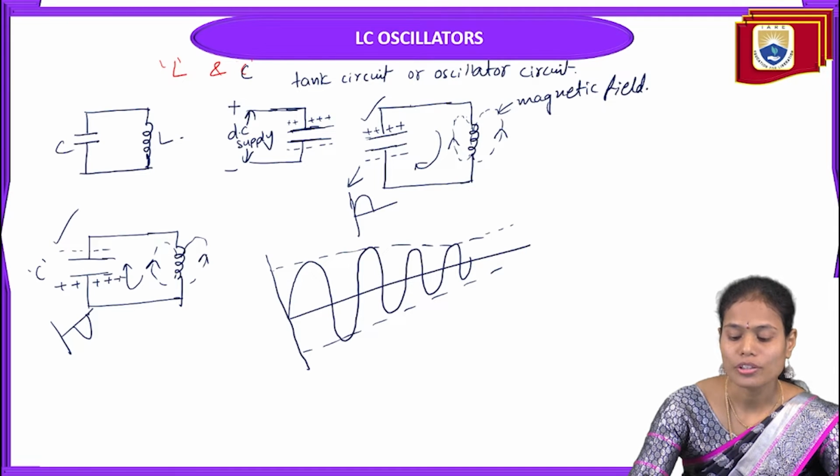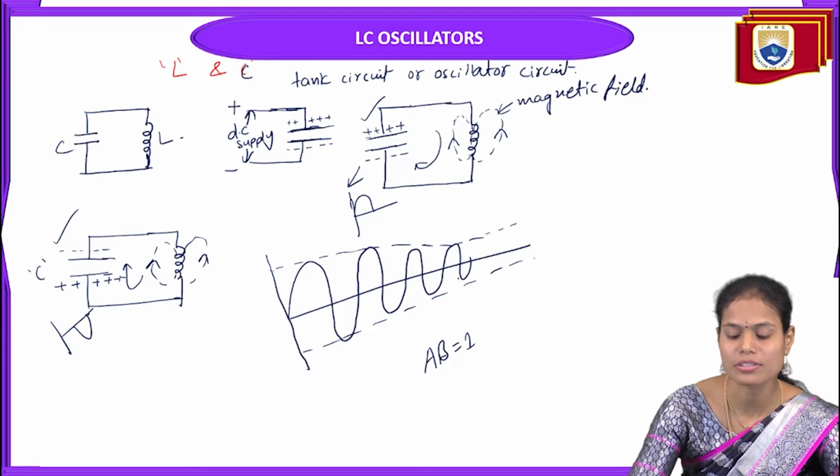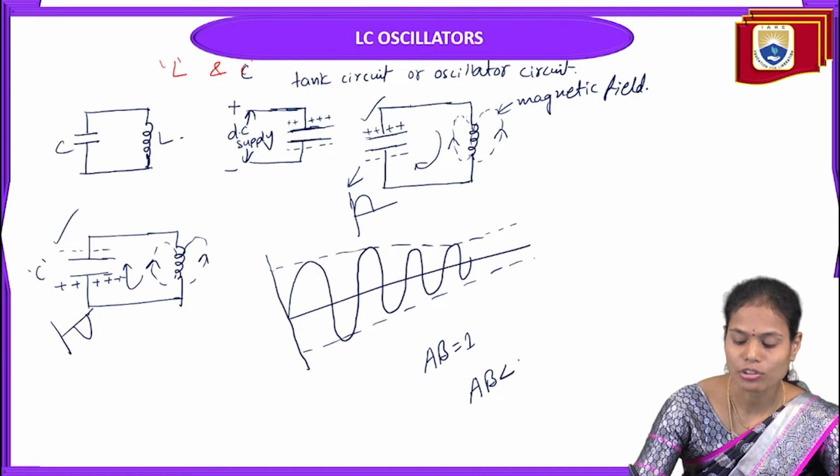But in order to operate our oscillator as a perfect one, we have to make the A beta value always 1. In this case it is not achieving that value. We are getting the A beta value as less than 1, so that's why we are getting the underdamped oscillations.